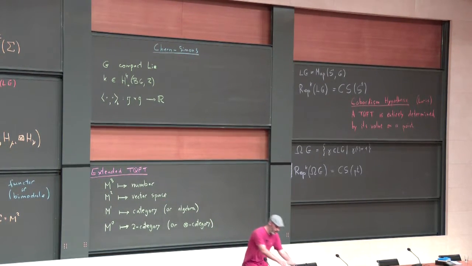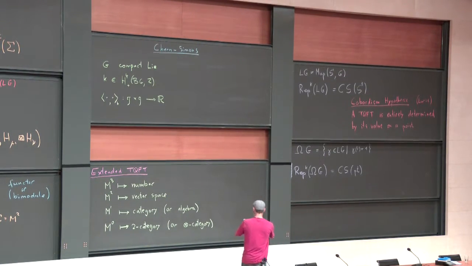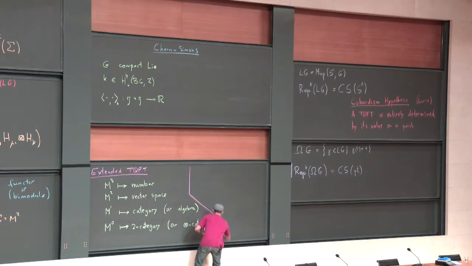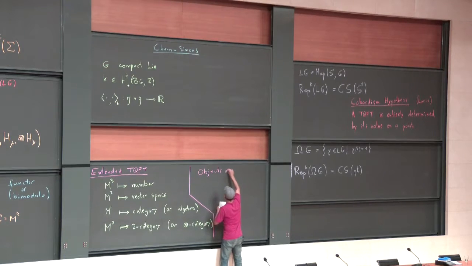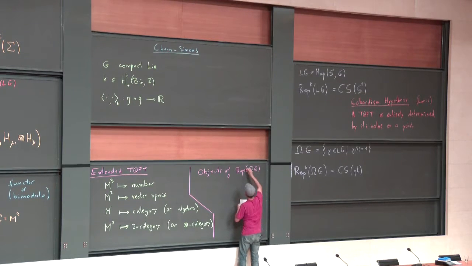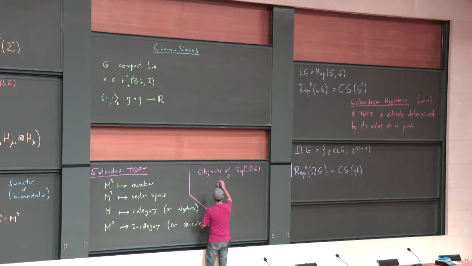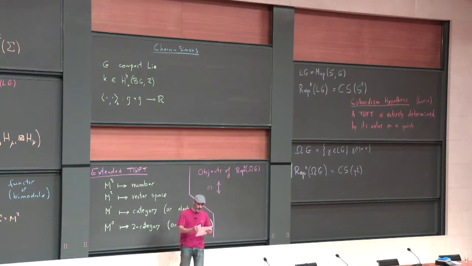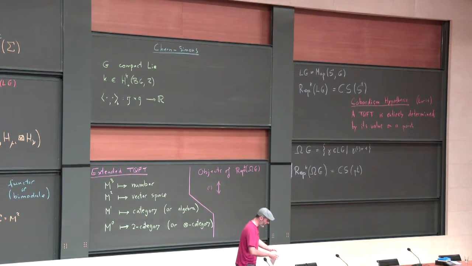So what are the objects of this category? These correspond bijectively, except small question mark, because I'm not sure that this is actually completely correct, even though I strongly expect that, provided you put appropriate hypotheses, this will be a correct statement.